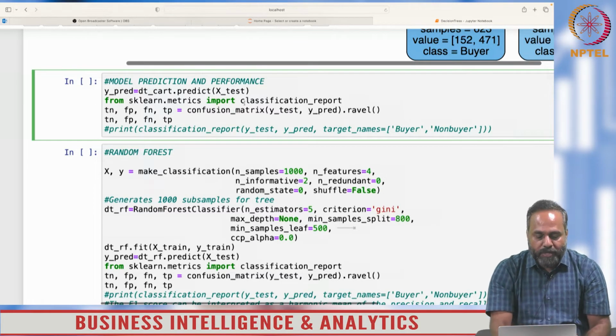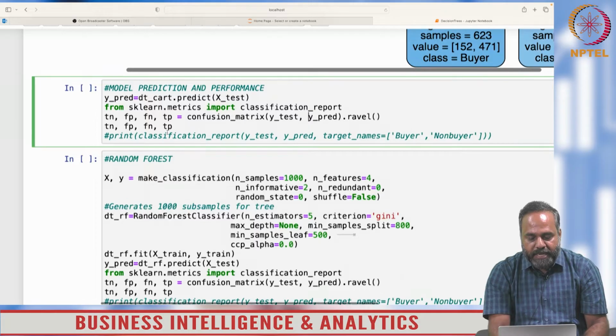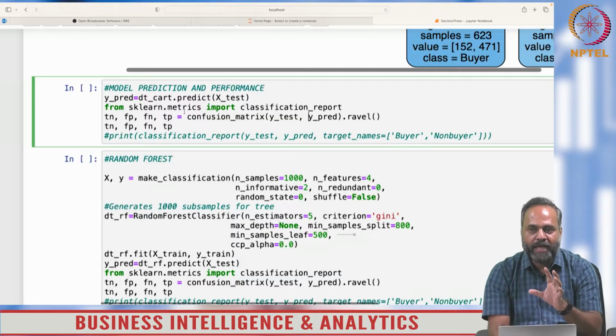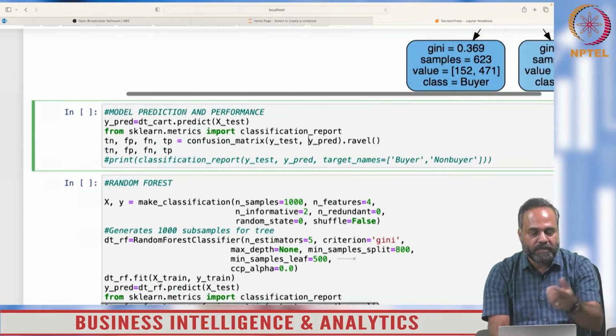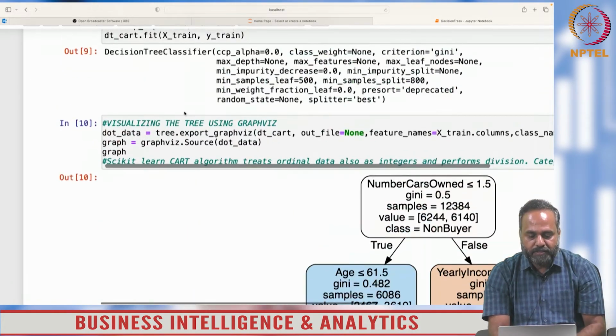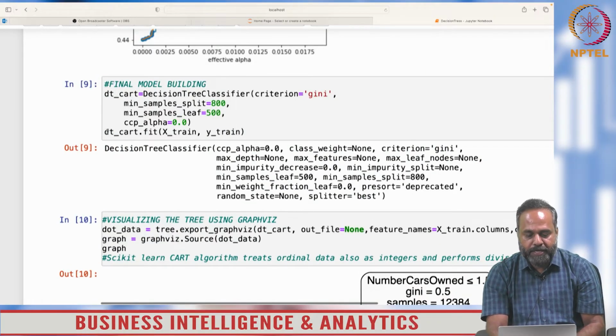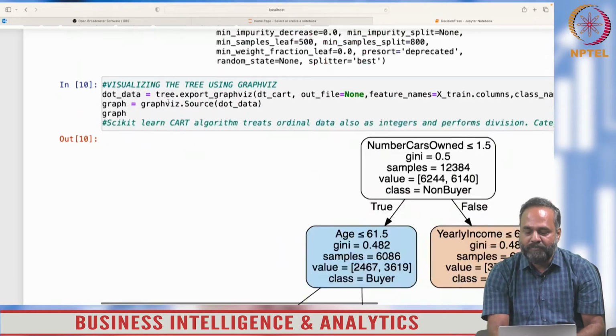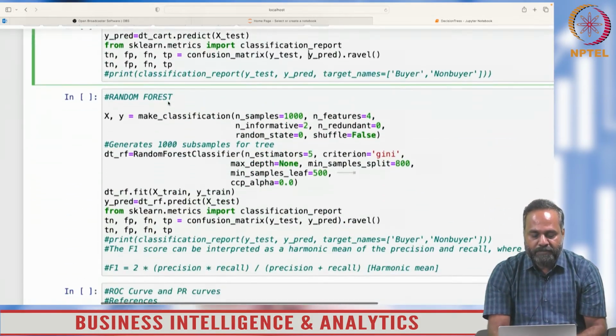So you can see in the next cell, what am I doing? y_pred is equal to dt_cart. That is my model. I have named this model dt_cart previously. You have seen that. dt_cart is defined here, after I specified the model finally with the CCP alpha.